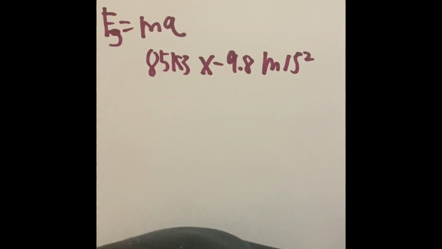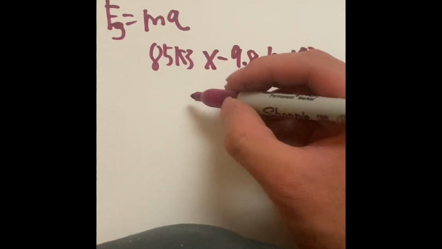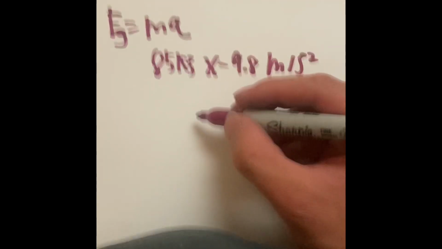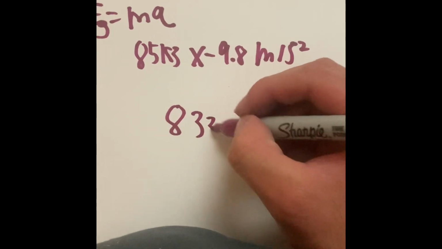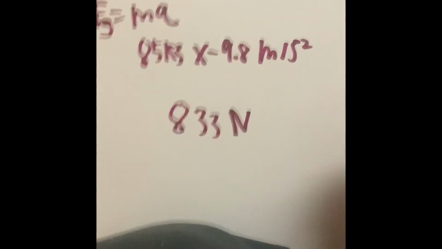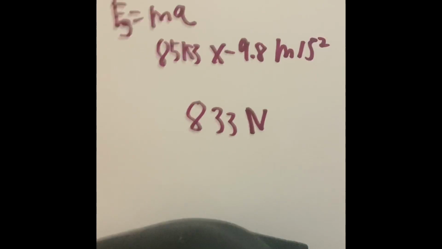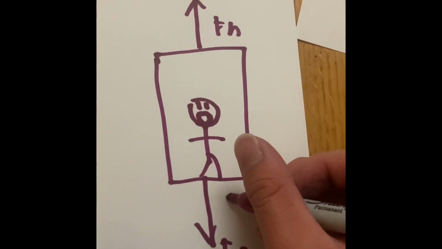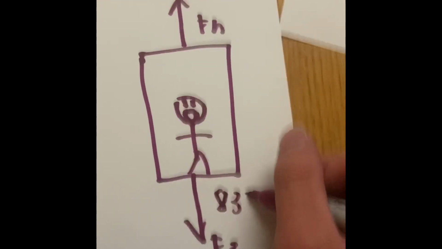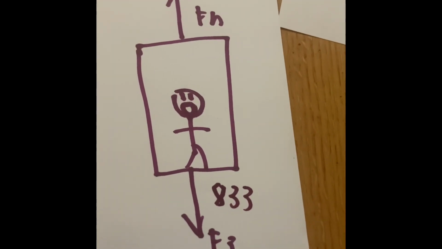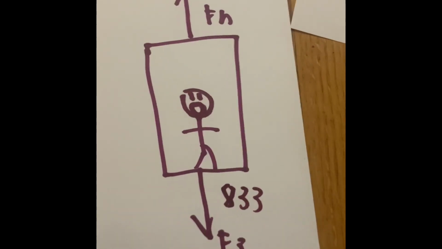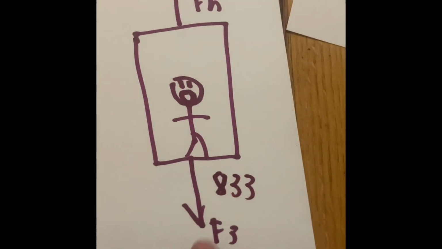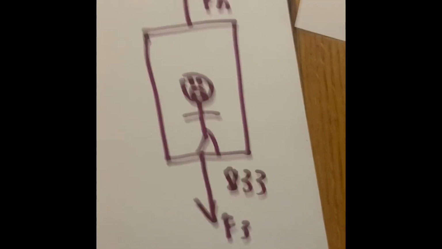We're going to avoid the negative, and the man weighs around 833 newtons. So the man himself is 833 newtons. And that is the force of gravity when the elevator is at a constant velocity. That's how much force the man is exerting on the elevator.